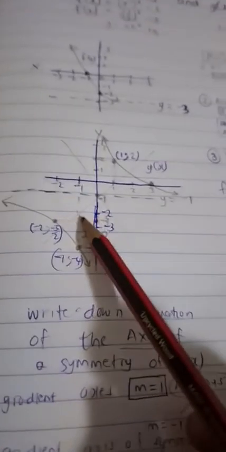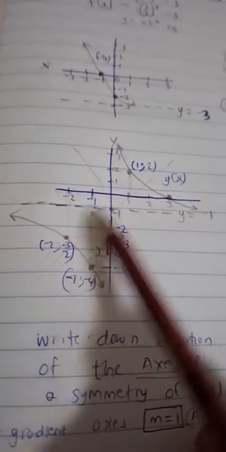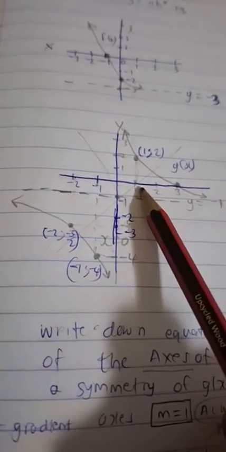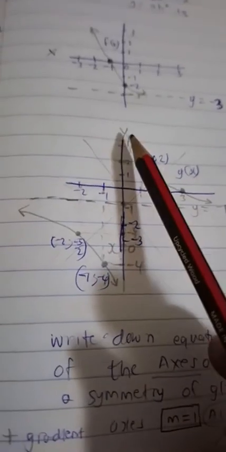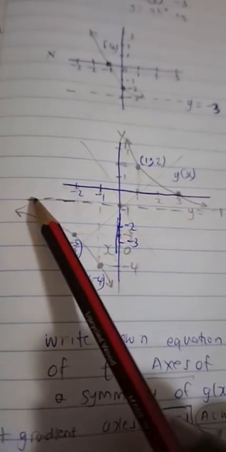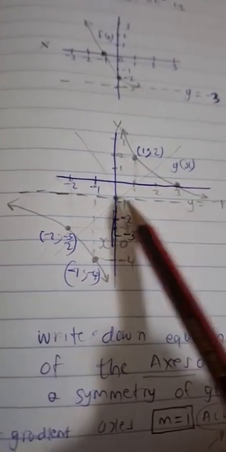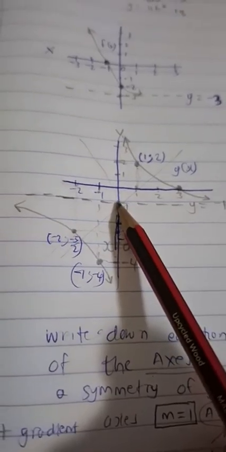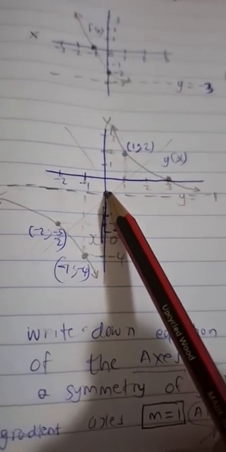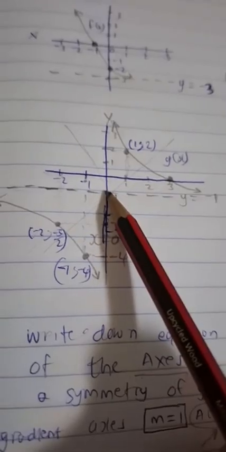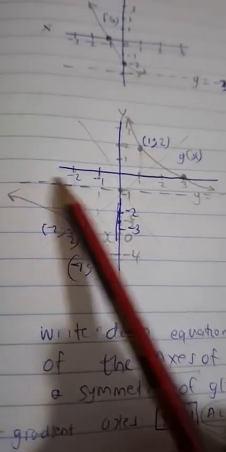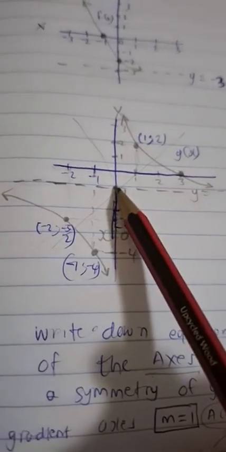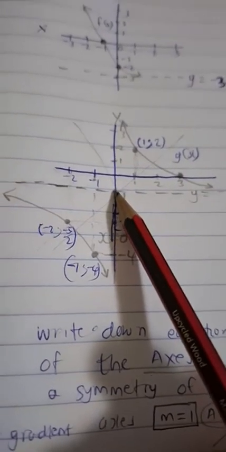Guys, the axis of symmetry will always pass through, in grade 10, where the vertical asymptote and the horizontal asymptote intersect. This point is the point of intersection of the vertical asymptote and the horizontal asymptote, so it is always going to be on the y-axis in grade 10.